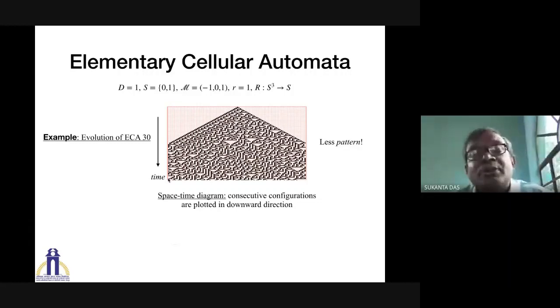So, in our further discussion also, we shall use space-time diagram to characterize a cellular automata.